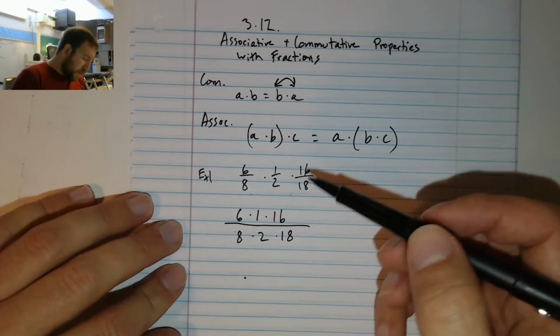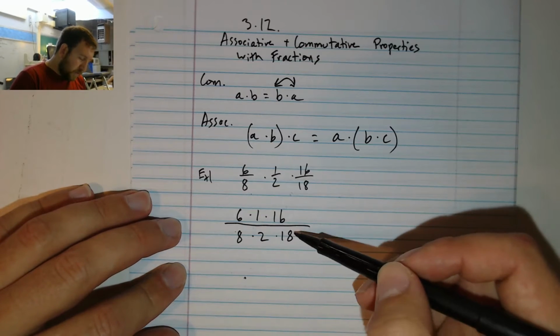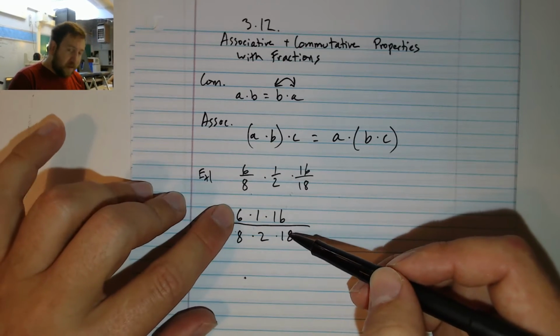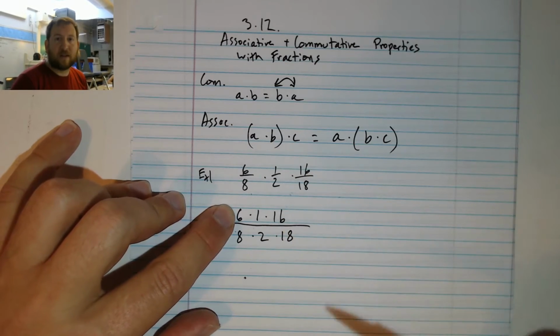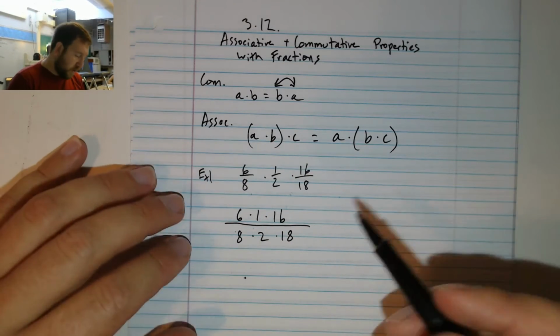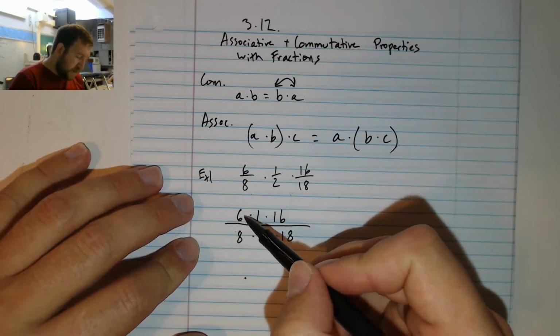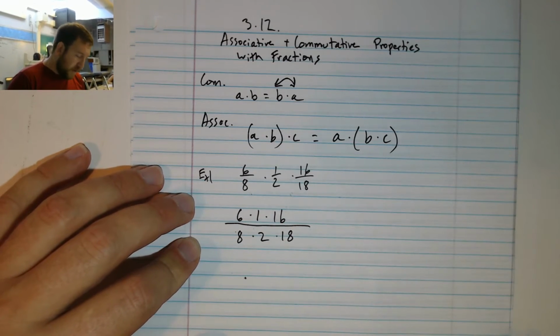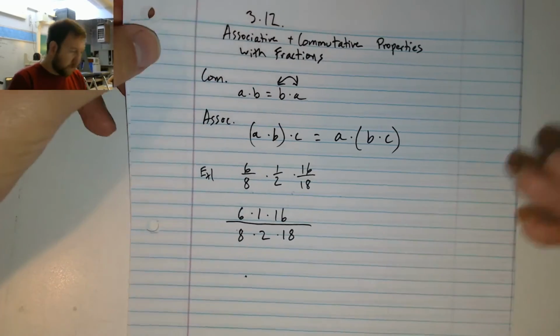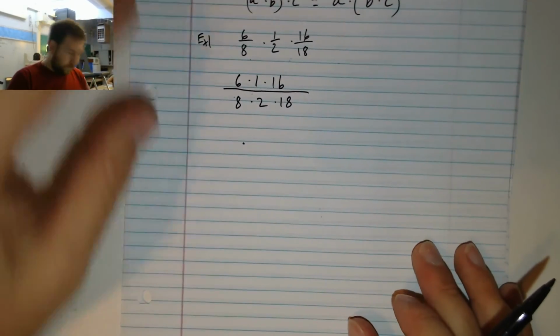But instead, I can say, oh, here's a 6 and here's an 18. Even though they weren't part of the same fraction before, they are now because I was able to combine it all into one thing. And I can divide the 6 by 6 and the 18 by 6 and rewrite my huge fraction like this. Let me slide it up a little bit.